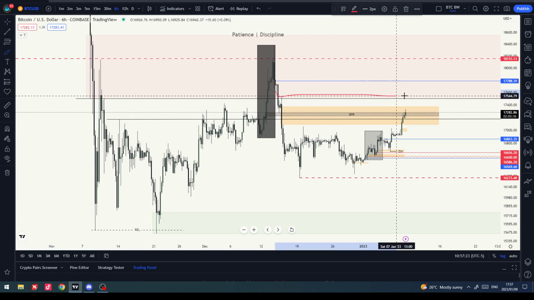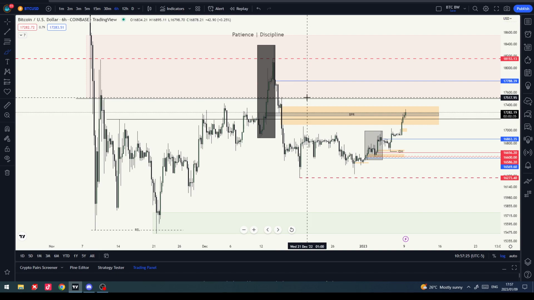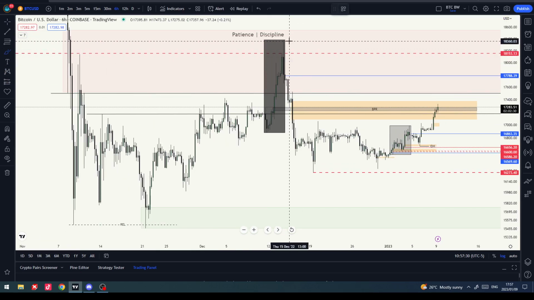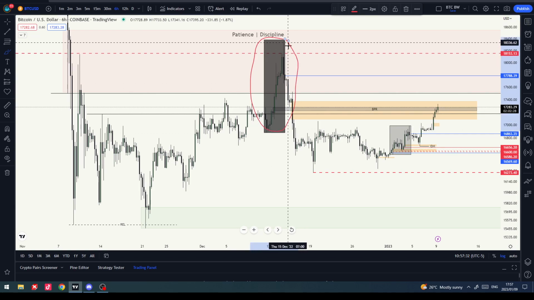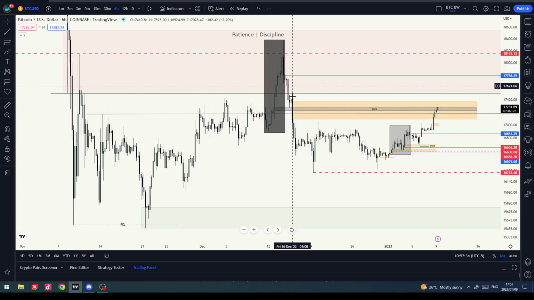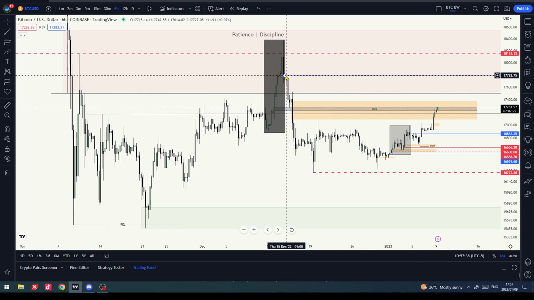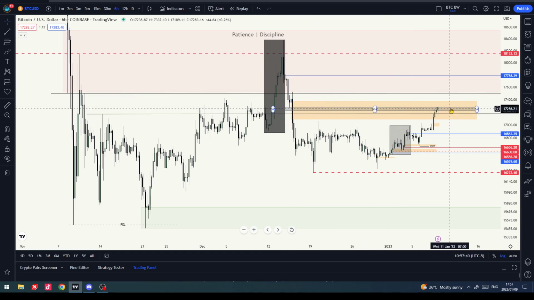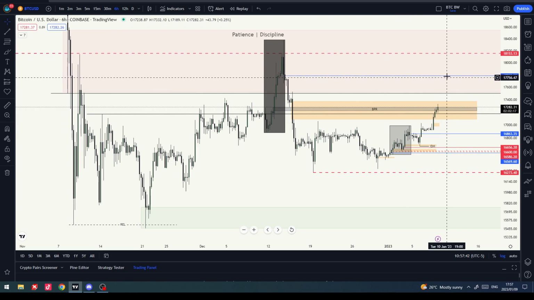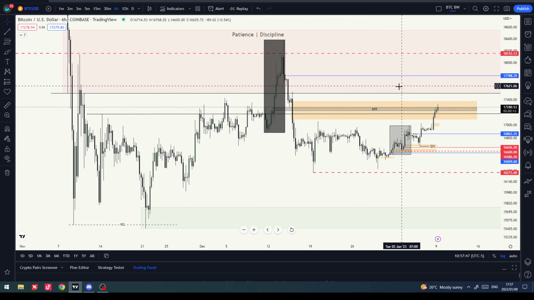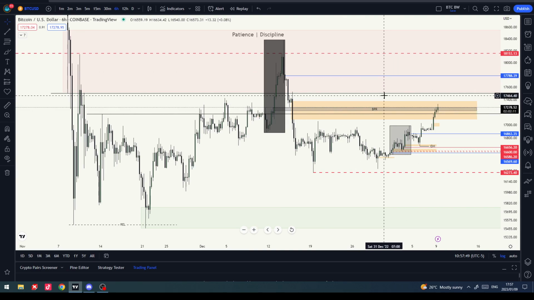But obviously this is still on the plates, and then coupled with that is a weekly void here. The opening price was down here, you can see we are at it now, and then the closing price was up here. So if this wants to go and get filled, then 17,788.39 would be about the maximum I'd be looking for price to go before falling.